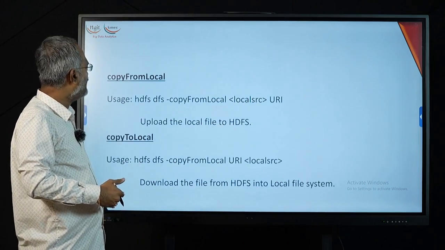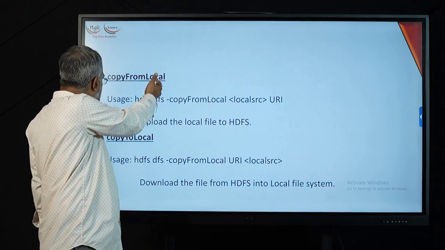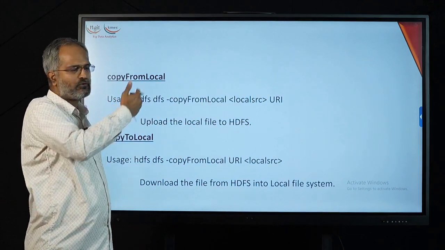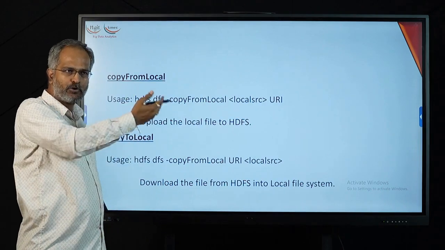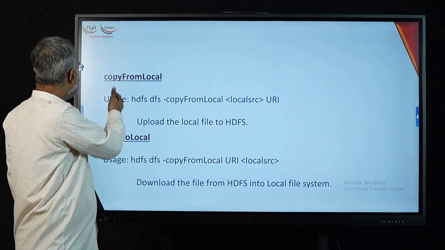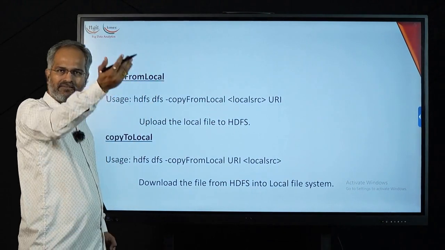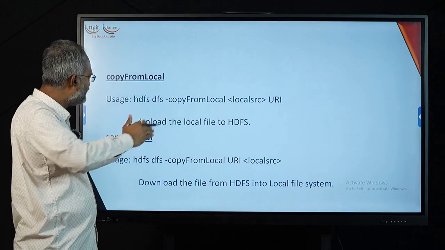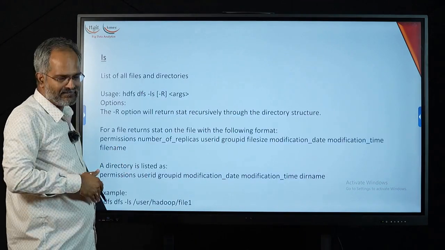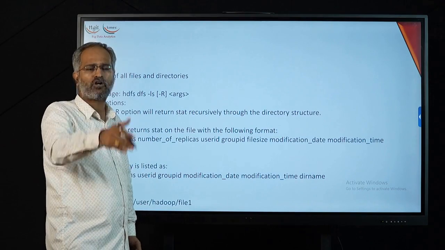And then copyFromLocal, copyToLocal. These two are like the put and get commands. So copyFromLocal, this is for the put command. CopyToLocal, this is for the get command. Syntax is also similar.